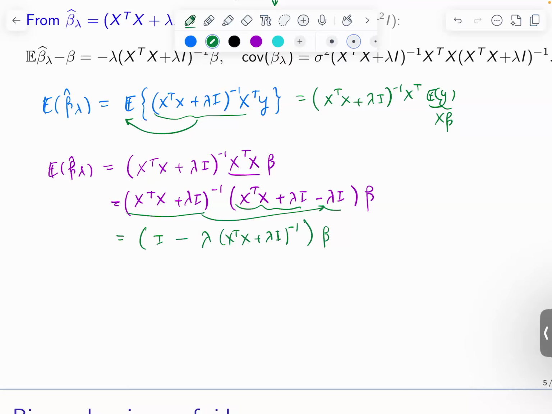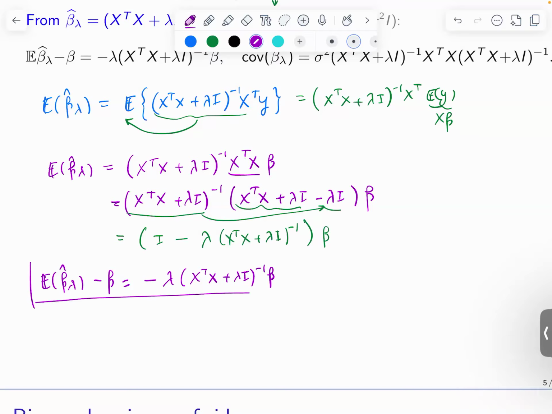Now, why is this useful? Because if I write down the bias, it would be this minus beta. When I subtract beta, you can see this term is just beta and goes away. So I'm just left with the second term: minus lambda times X transpose X plus lambda I inverse beta.